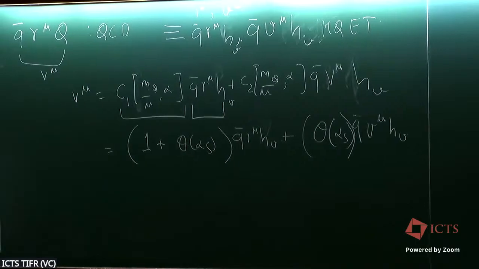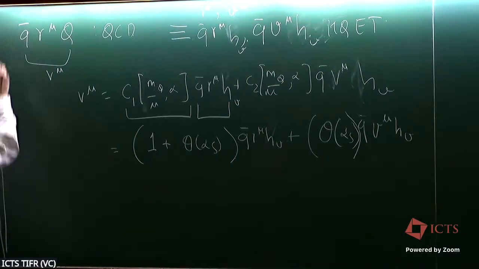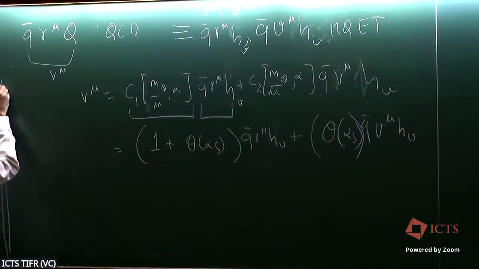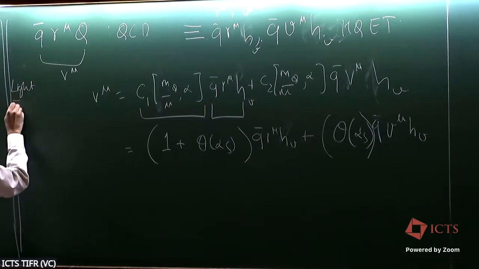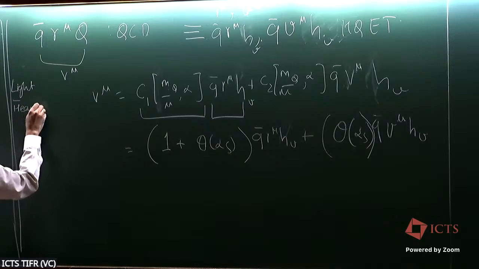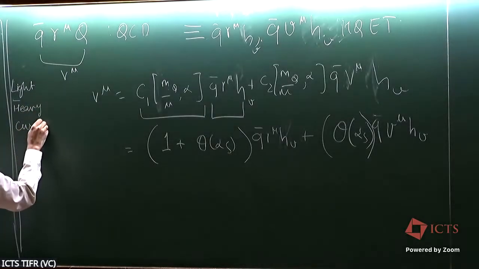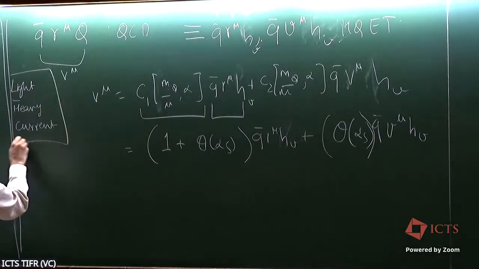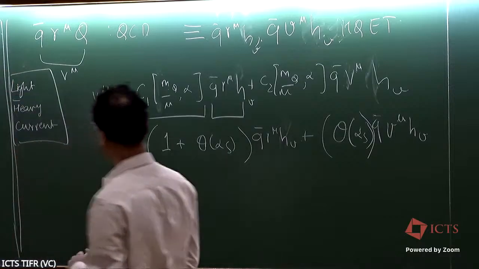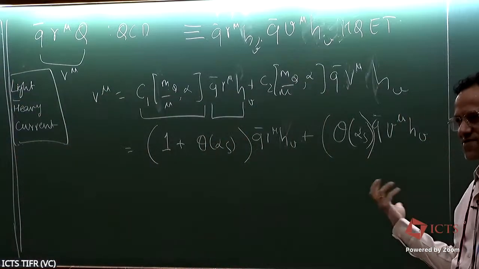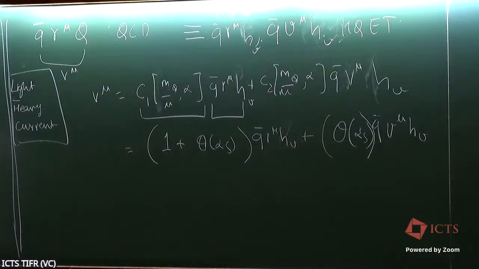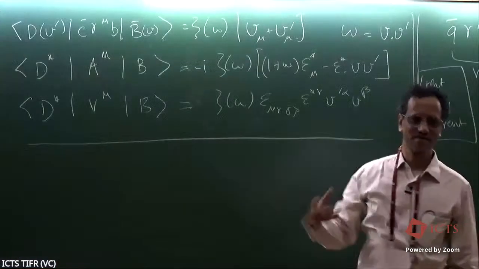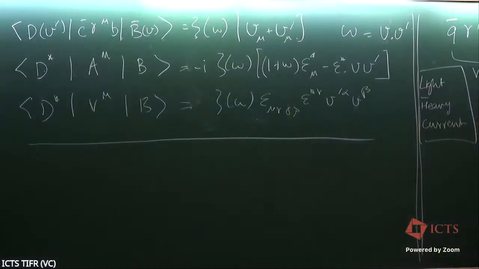So for now, I'll just focus on the light heavy current. And you can do exactly the same analysis for the heavy-heavy current. The only thing is, because there are two vectors there, it just becomes a little bit more complicated, but the idea exactly remains the same.